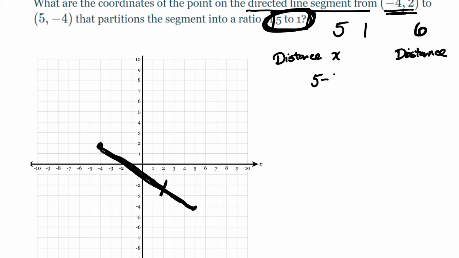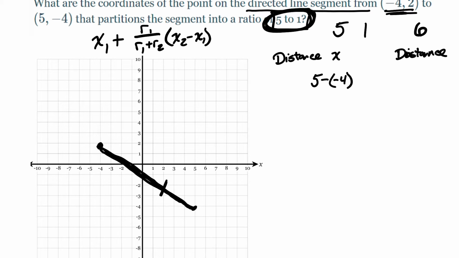What we do is we always just subtract these numbers. So our formula on this, and we'll give this to you a little later, is x1 plus the ratio from 1 over the sum of the ratio from 1 and the ratio from the second, and then we are going to multiply that times x2 minus x1.